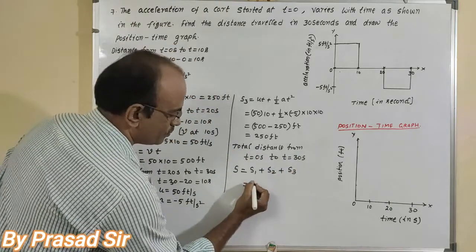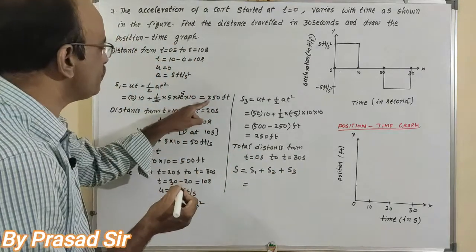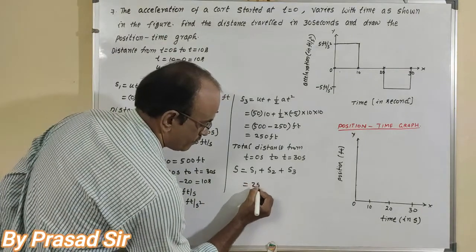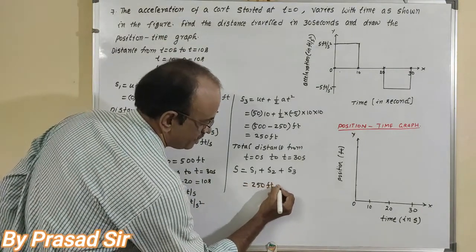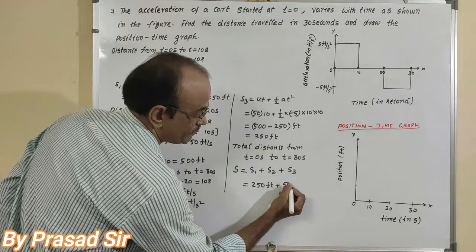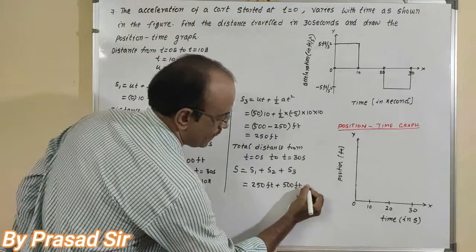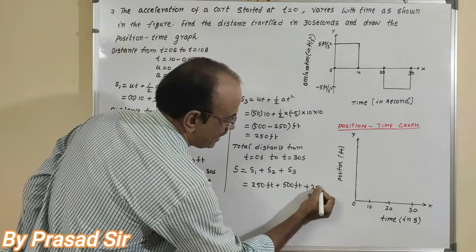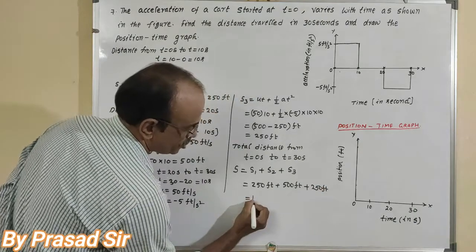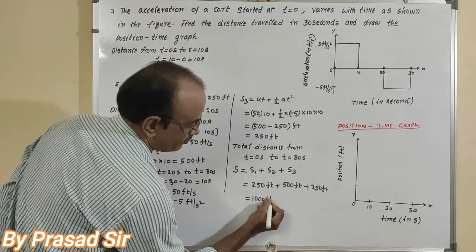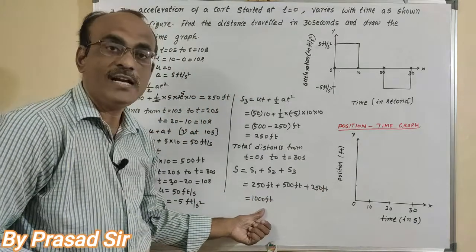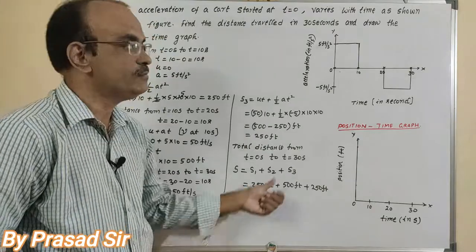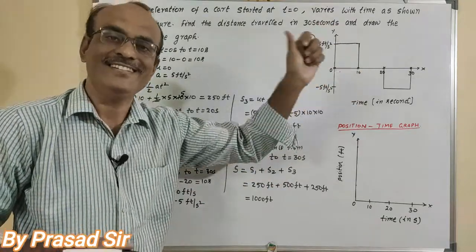The first distance is 250 feet, plus the second distance, 500 feet, plus the third distance, again 250 feet. So the addition of that, 1000 feet, is the total distance traveled from 0 to 30 seconds.